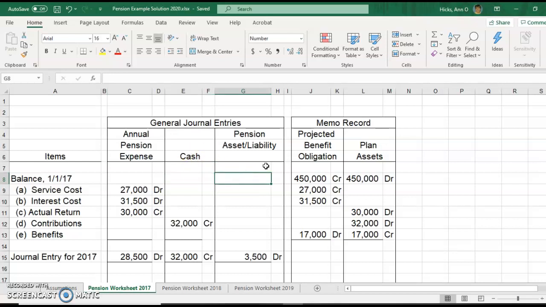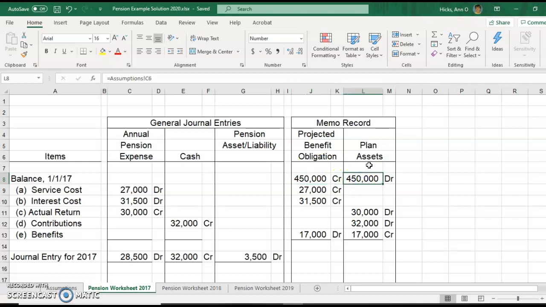This pension asset liability account is an account that is carried on the books of the company. As the title indicates, it may be an asset, it may be a liability. It depends on these items because what FASB has said is you have a projected benefit obligation, how much you would owe your employees if you closed the plan today.